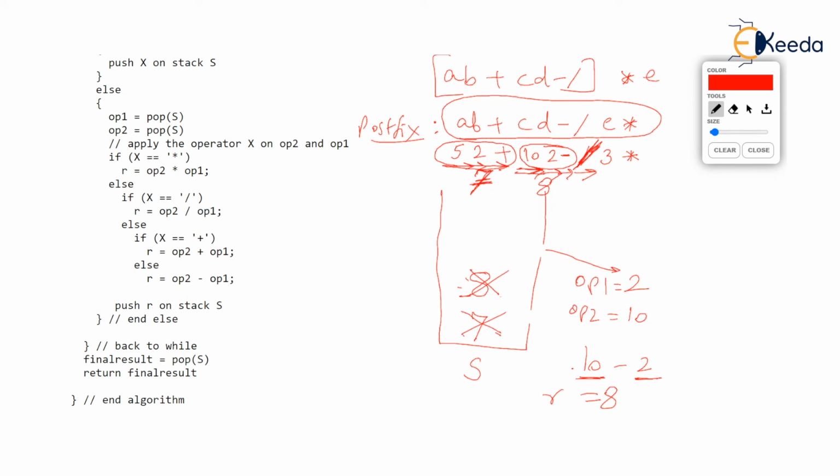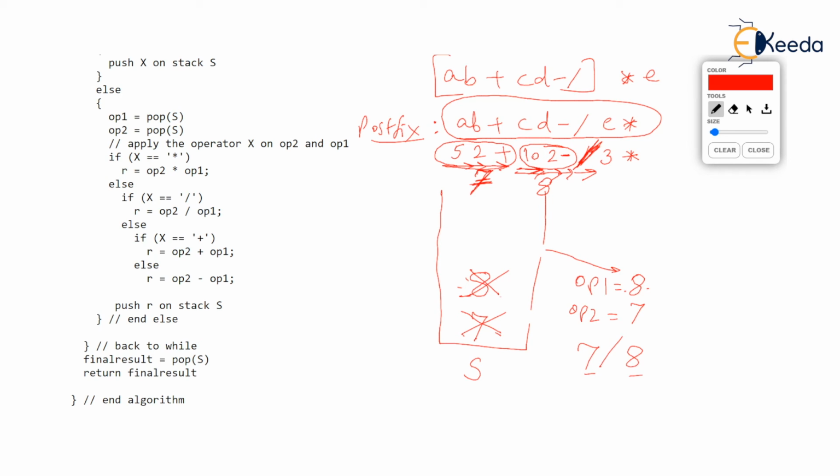If you pop 8 and 7, OP1 will be 8, result of first pop, and OP2 will be 7, result of second pop. Now you have to apply division operator because division was the operation we got. So it should be 7 upon 8, isn't it? 7 upon 8. OP2 upon OP1.